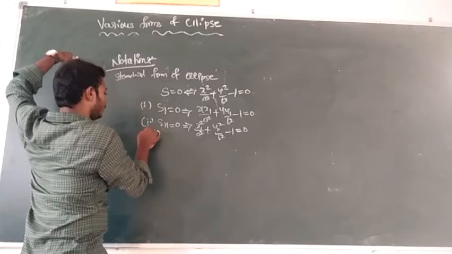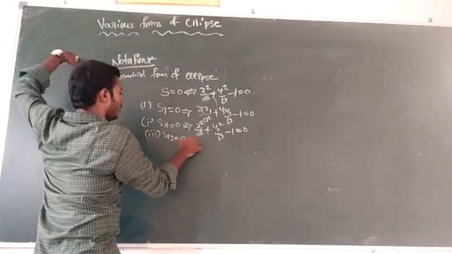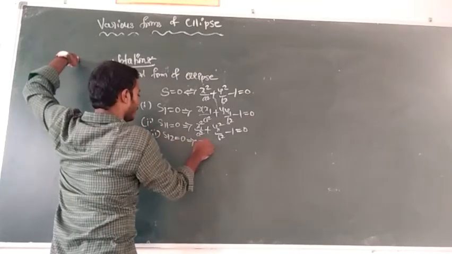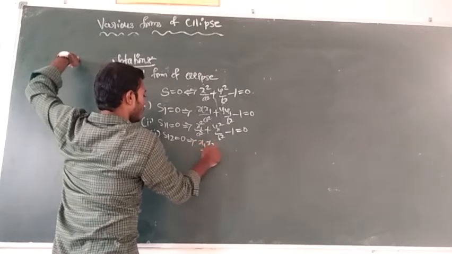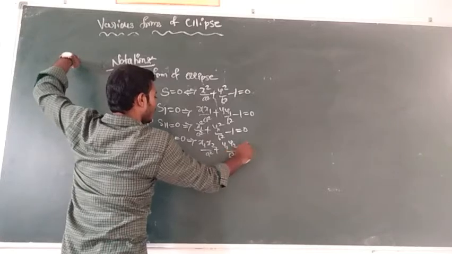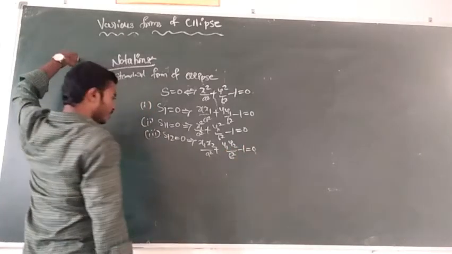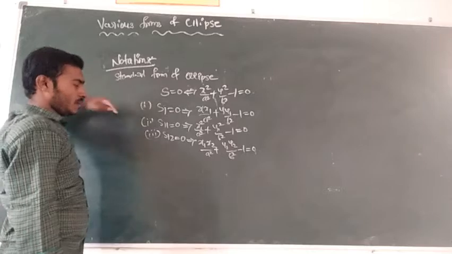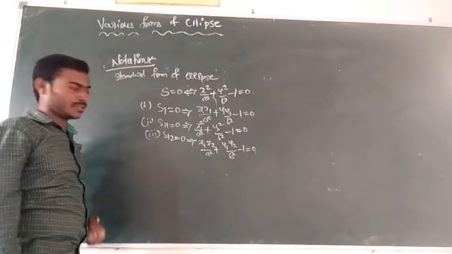And third one, S12 equal to 0, then x1 x2 by a square and y1 y2 by b square minus 1 equal to 0. These are some of the important notations.